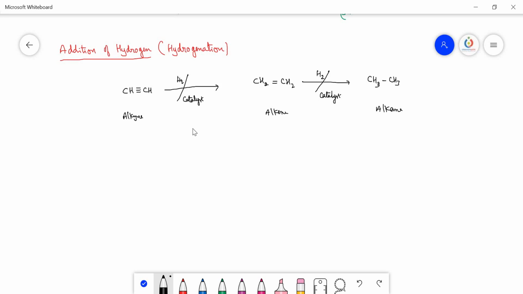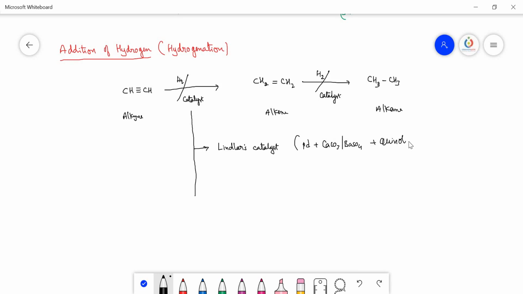These catalysts are of different types that we had already discussed in the alkanes topic. One such catalyst I will give you is Lindlar's catalyst. I am just giving rough information about Lindlar's catalyst: palladium, calcium carbonate or barium sulfate plus quinoline.